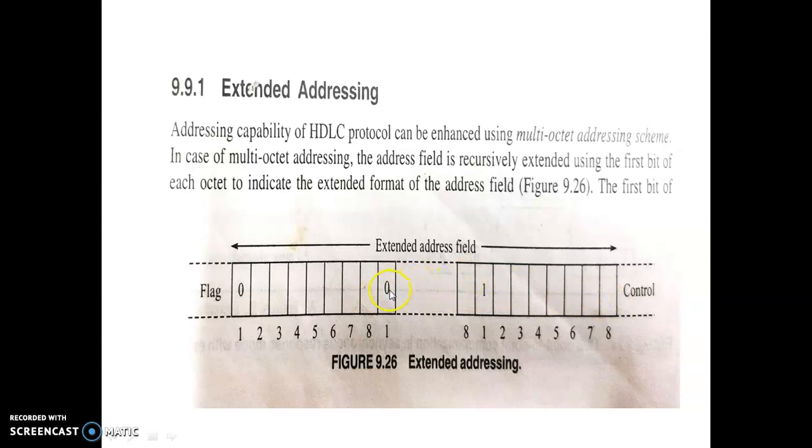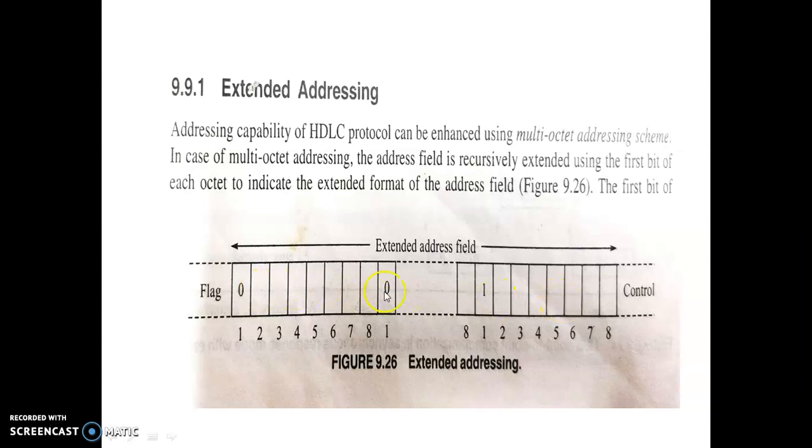Okay, and then again if in the next octet also the first bit is 0, then the next to next octet is also to be considered as address field. In the final address octet, the first bit is the one telling the receiver that now this is the final address octet.